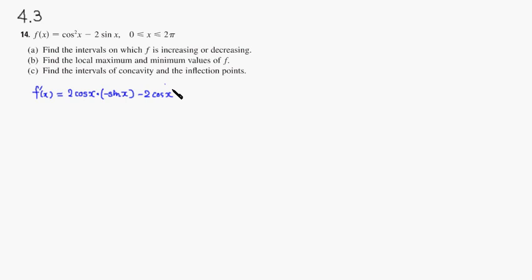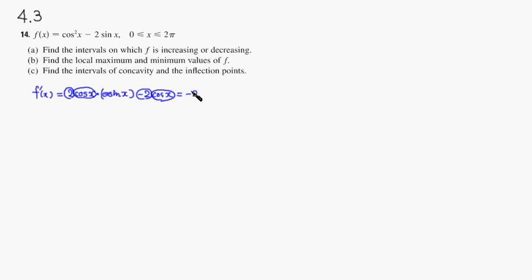Then we factor out the common factor. In this case, negative 2 is in common, from the second term and also from the first term. Also there's a cosine of x here, and the first term also has cosine of x.